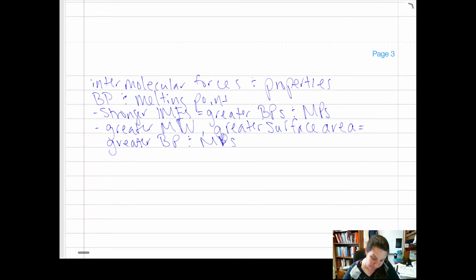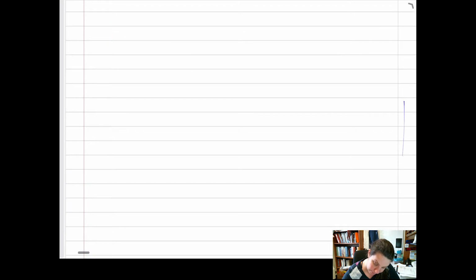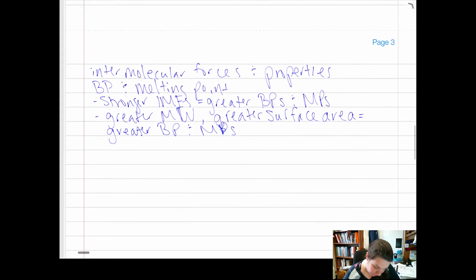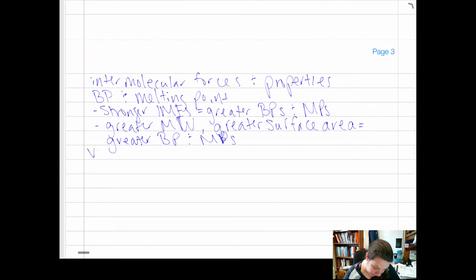Okay. Other things, we're going to look at viscosity. So this is the resistance of a liquid to flow. Greater intermolecular forces, greater viscosity.